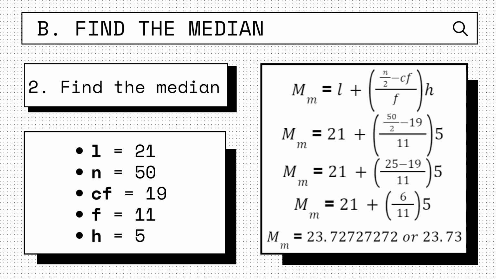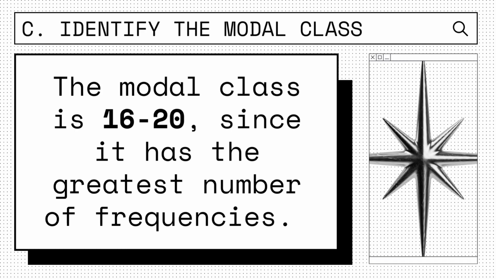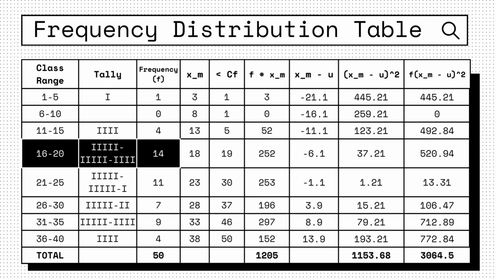And we are going to apply this to our formula, and we will get 23.72727272 or 23.73 if rounded off to 2 decimal places, and this will be our median. Now we will identify the modal class, which is 16 to 20, since it has the greatest number of frequencies, which is 14.